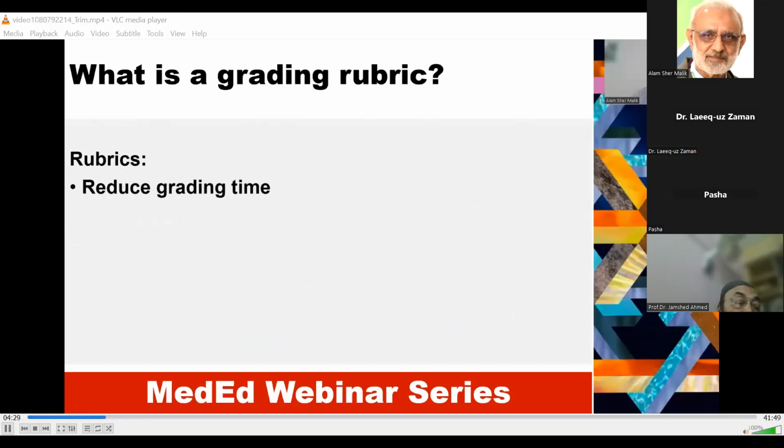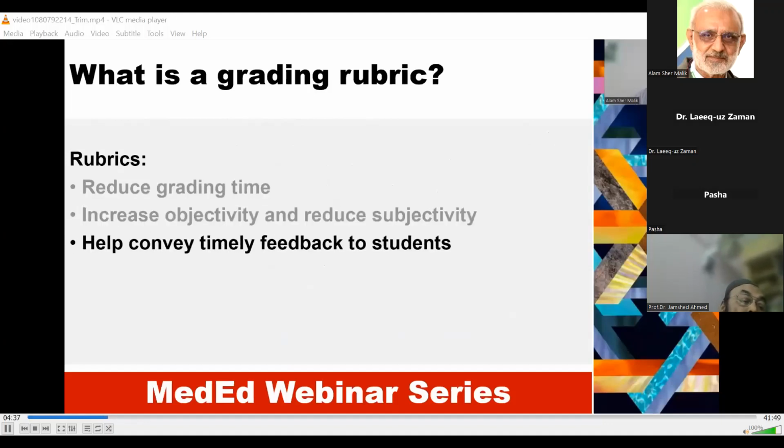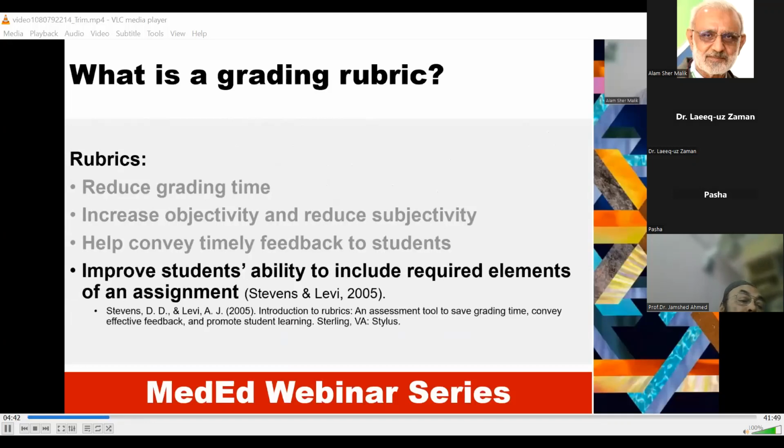Rubrics reduce grading time, increase objectivity and reduce subjectivity, help convey timely feedback to students, and improve students' ability to include required elements of an assessment as they know what is expected of them.